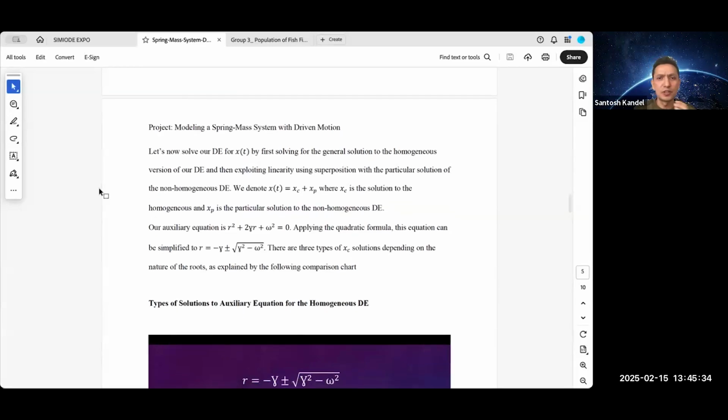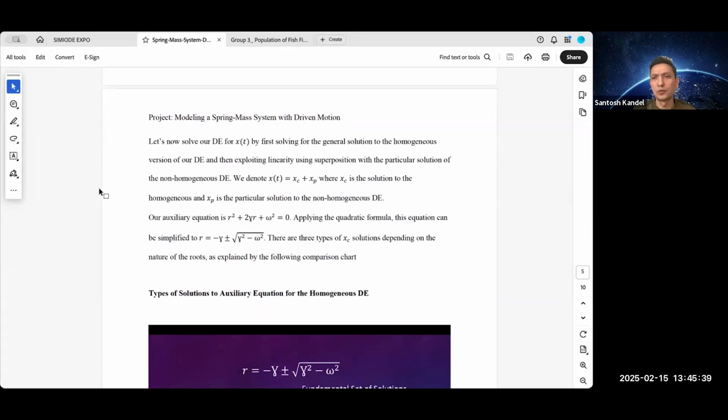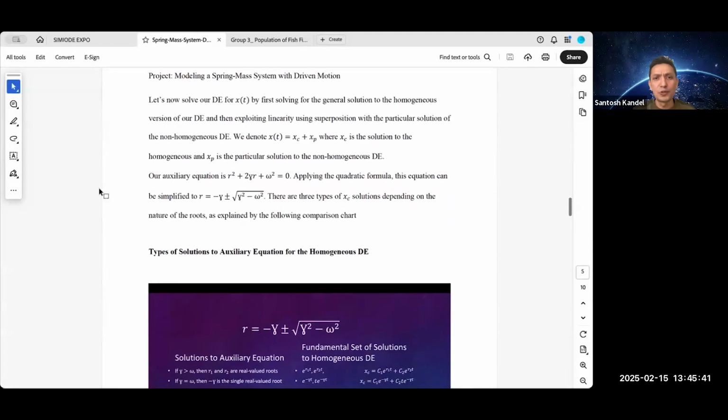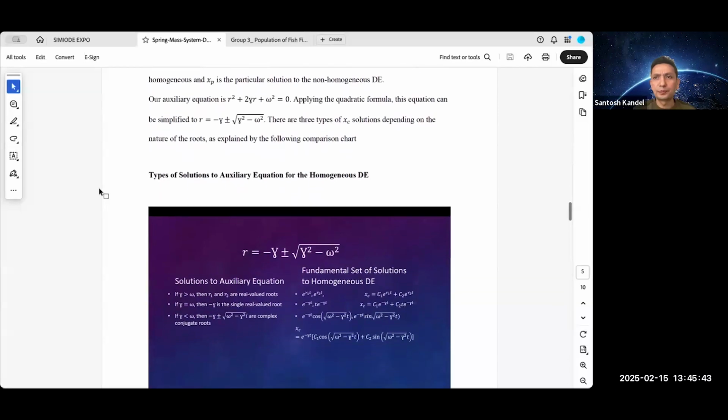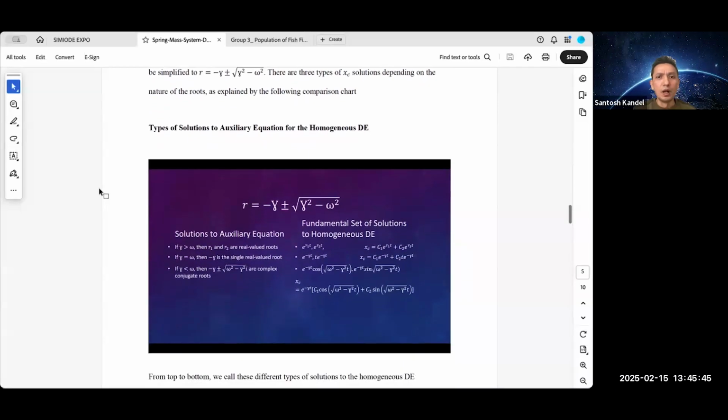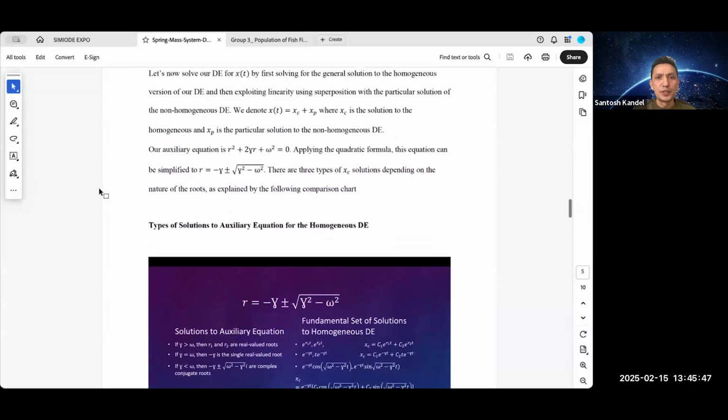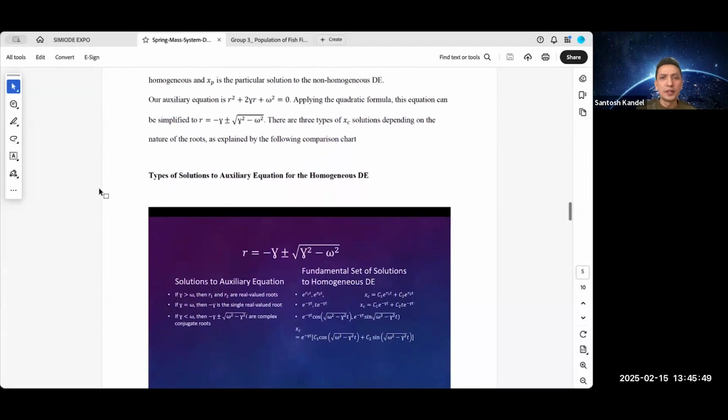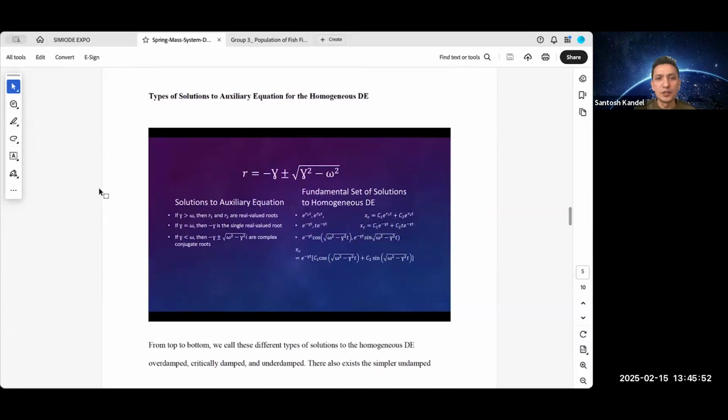So here, I think the student provided much more detail about how they would go about solving the differential equation, dividing it into the complementary and then the particular solution part.